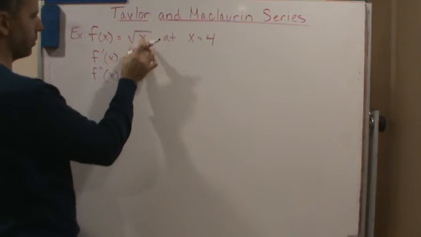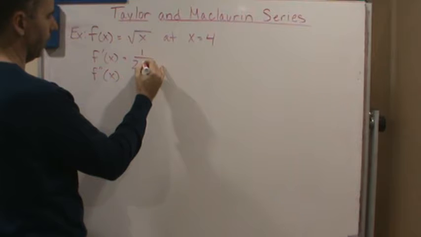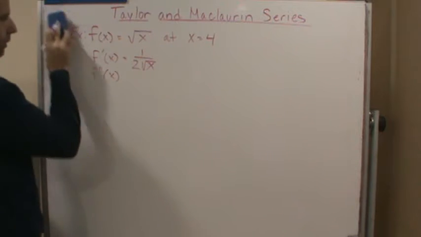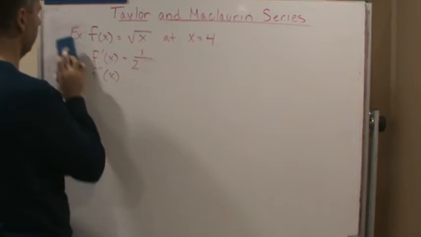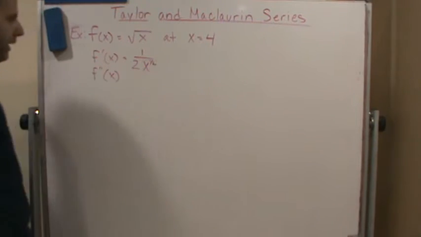If we take the first derivative, it's going to be 1 over 2 square root of x, or 1 over 2 times x to the 1/2.